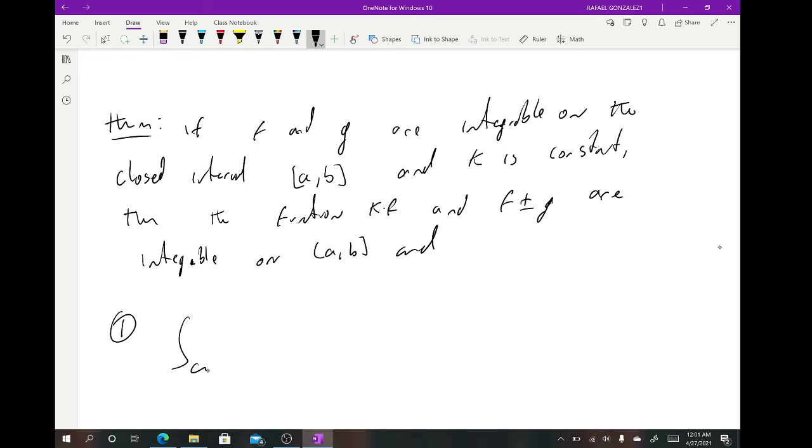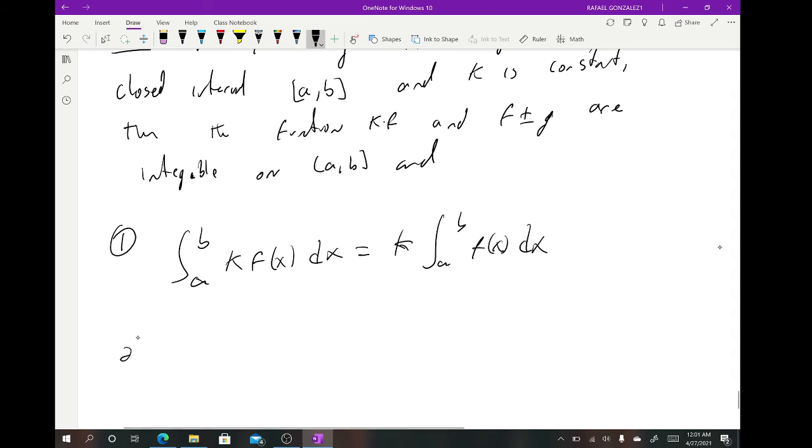So 1, the integral from a to b of k times f of x dx is equal to k times the integral from a to b of f of x dx. So again, the constant multiple rule applies.